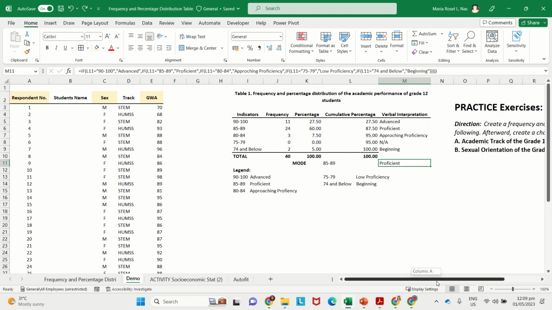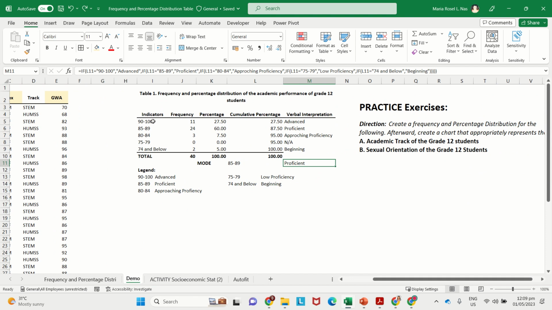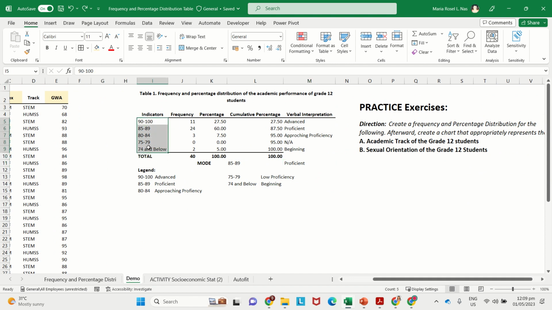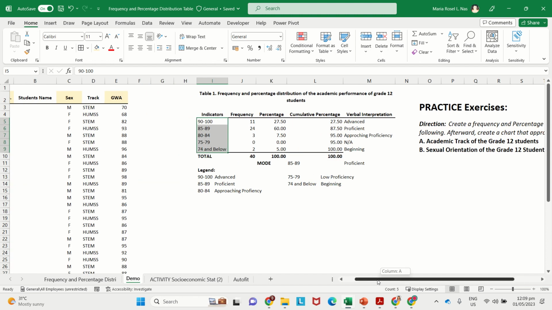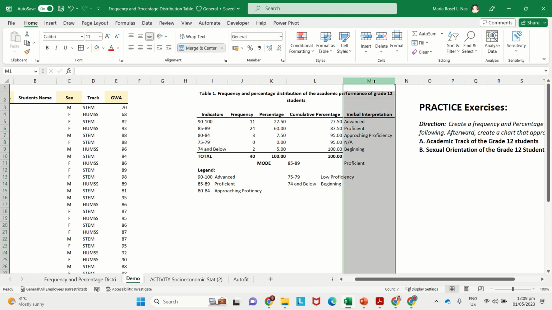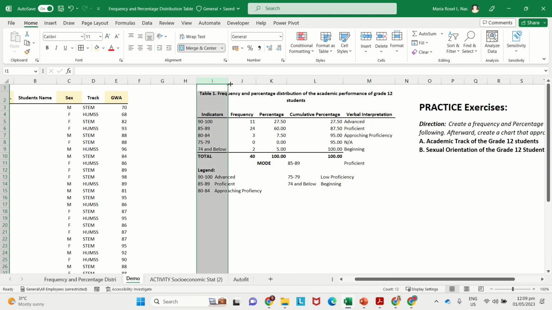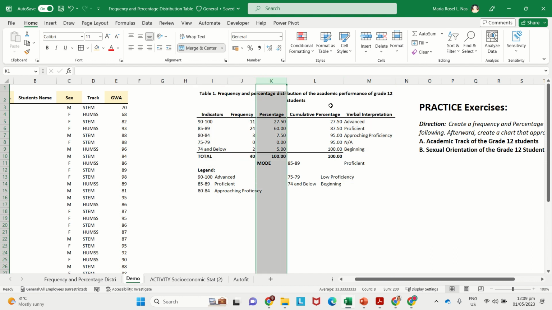So let's say, for example, that we are not using this kind of indicators. For example, academic track, STEM and STEM 12, or sexual orientation, which is male and female. Therefore, we don't need to include the verbal interpretation. You just need to include the indicators, the frequency, the percentage, the cumulative percentage, and then the mode.